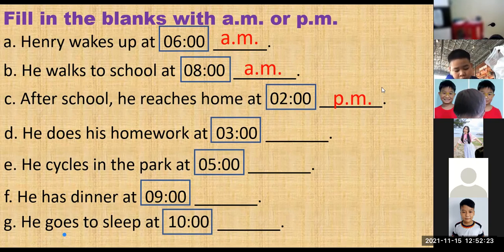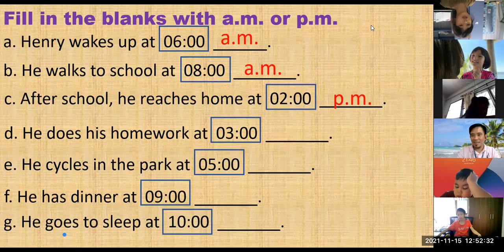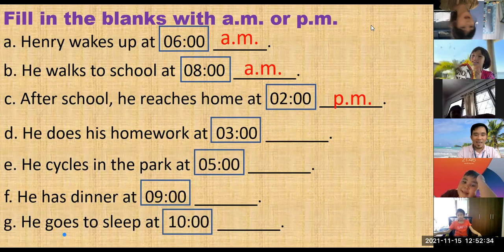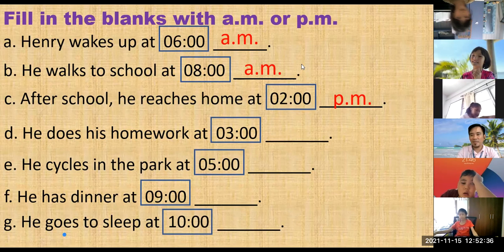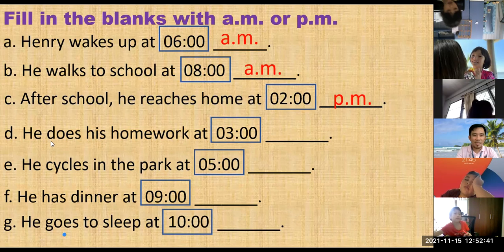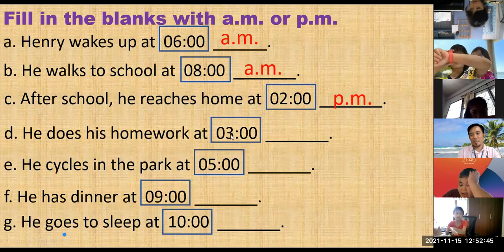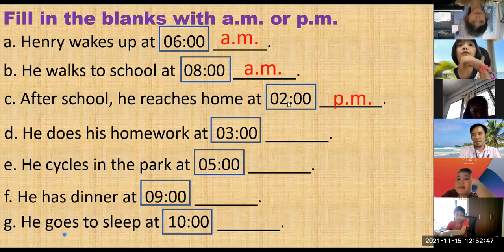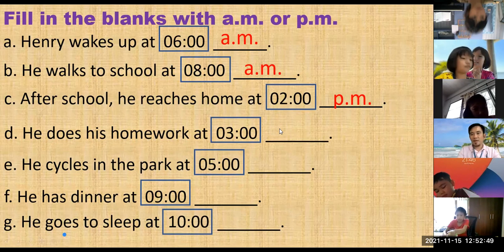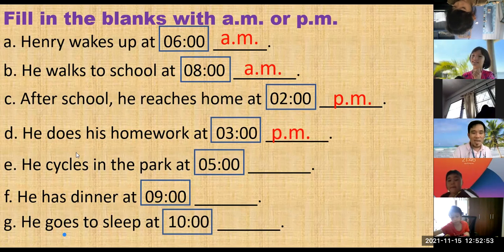He reaches home after school at 2 p.m. Next, letter D. He does his homework at 3 p.m. That's correct.